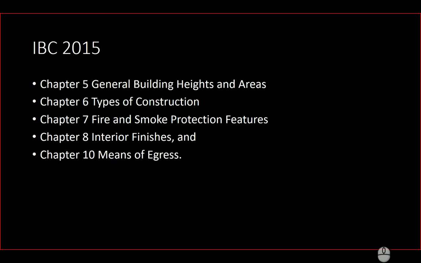Our software automatically checks your design against provisions of the code from chapters 5, 6, 7, 8, and 10. These deal with general building heights and areas, types of construction, fire and smoke protection features, interior finishes, and means of egress. This is a lot of what architects are concerned with as they develop the form and space of the building.